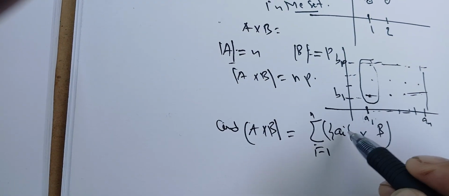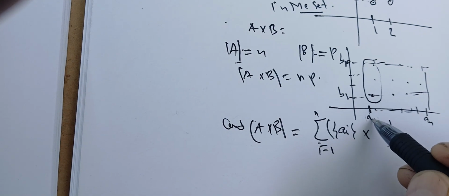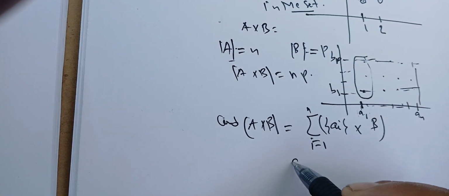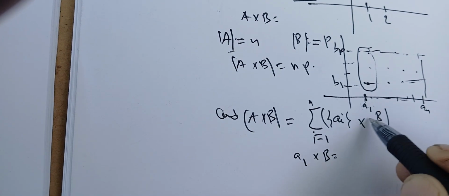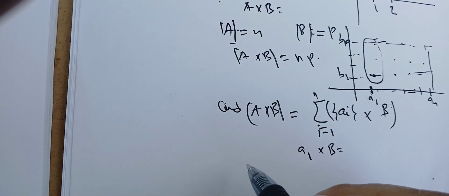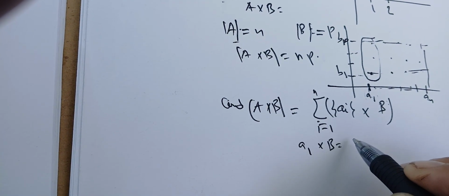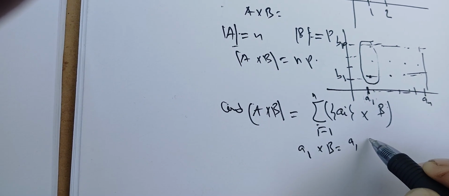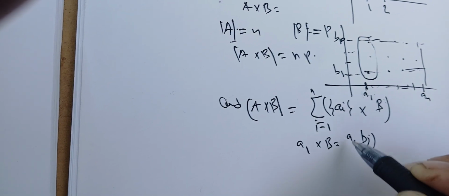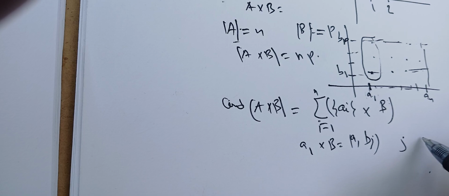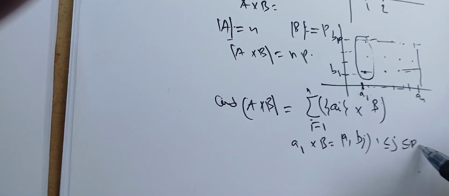Here, A1 cross B has cardinality p, because we have only A1 and Bj, where j changes between 1 and p.